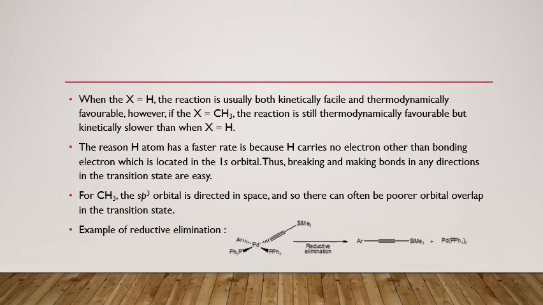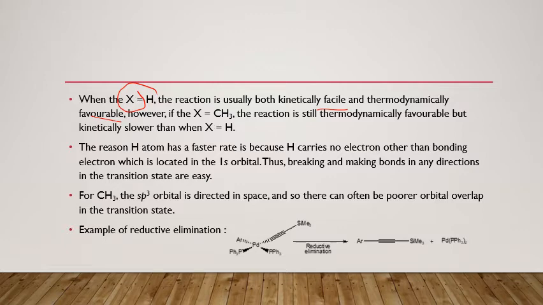Okay, when X is H, the reaction is usually kinetically facile and thermodynamically favorable. But if X is equal to a methyl group, the reaction is still thermodynamically favorable, but in terms of kinetics, it becomes slower. Okay, why?